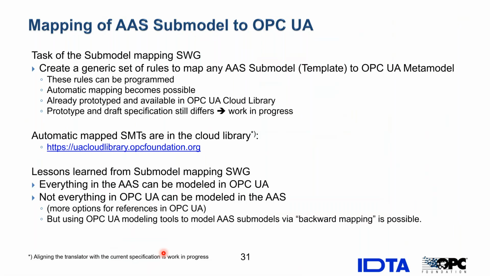One of the results of Constanze's work is that every submodel can be modeled or mapped in OPC UA, but the reverse way is not fully possible, since OPC UA has more modeling possibilities. For example, there are more types and references in OPC UA than can be built in AAS.